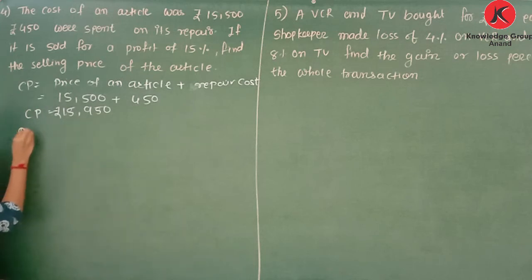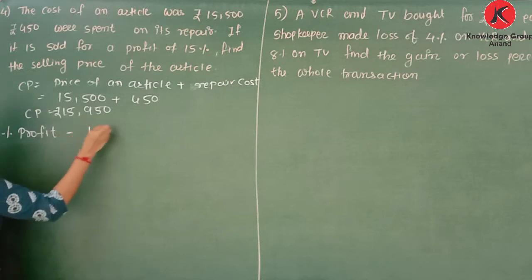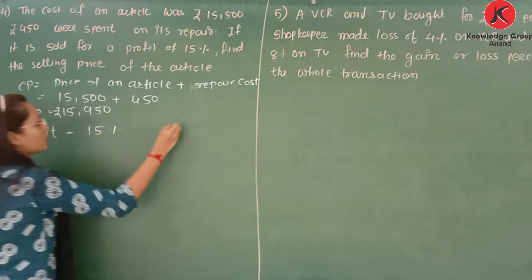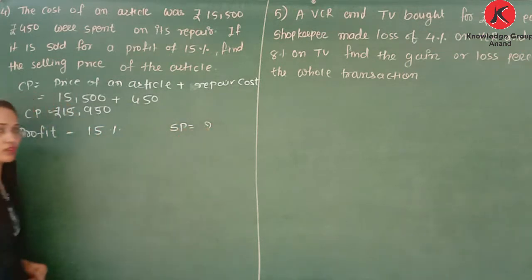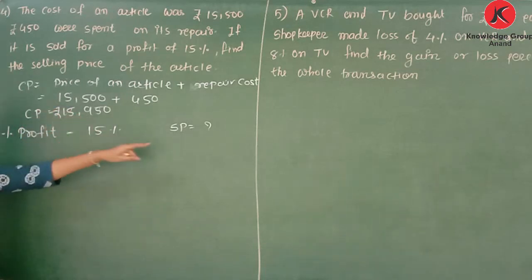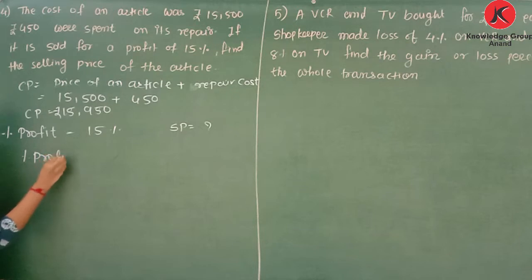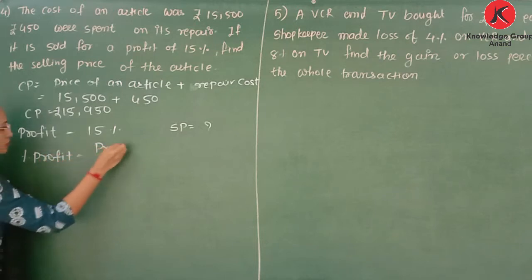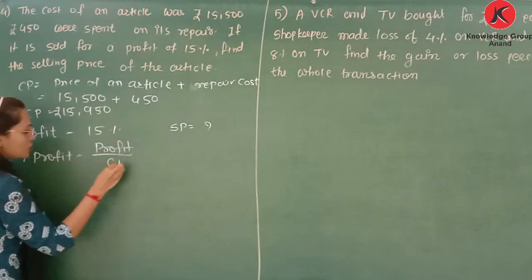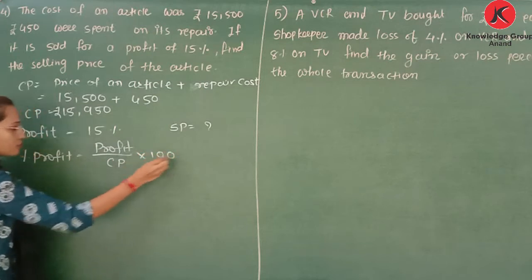Now profit percentage is given, 15%, and you need to find selling price. So cost price is given, so we can directly use the equation for percentage profit is equal to profit divided by CP into 100.